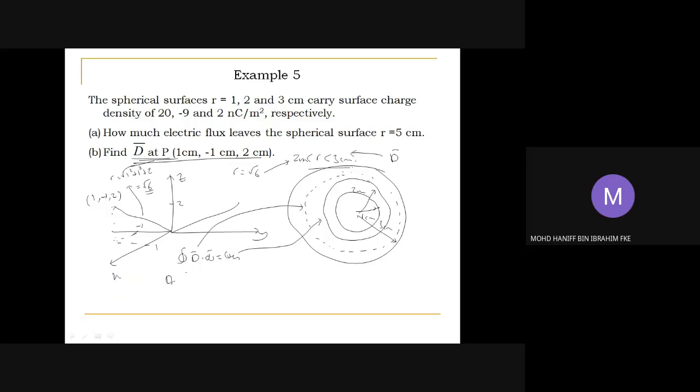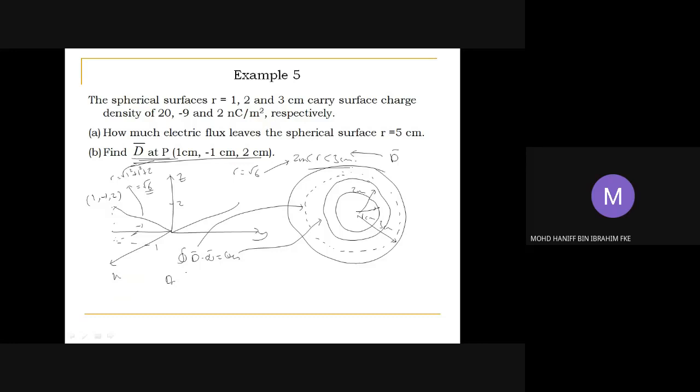As what we have learned before, we only choose one direction for the flux density D. Knowing that for the spherical system you have r, theta and phi for the direction of the D vector, we only choose one, which is the radius direction. The reason is that we can assume the sphere originated from a point charge, and a point charge is known to have D or E in the direction of r.